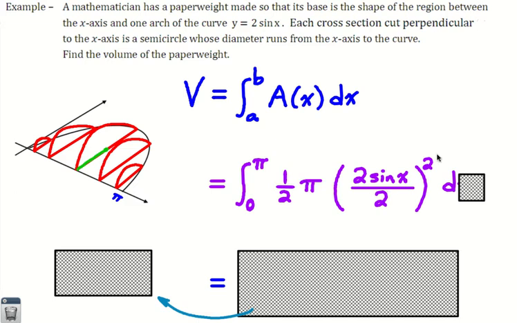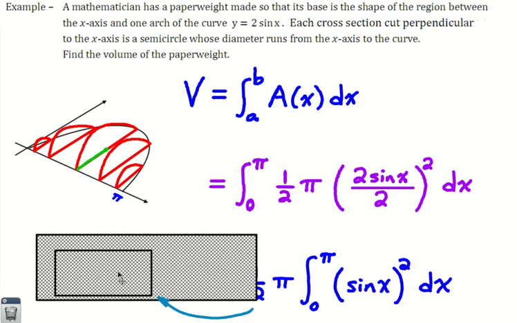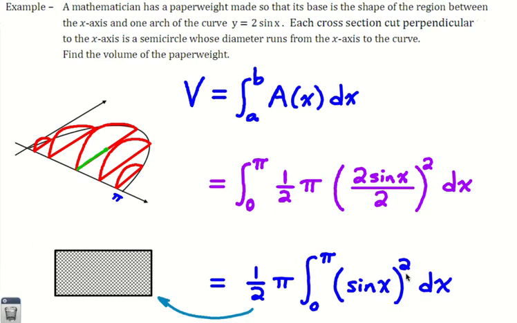So we have pi r squared, but because of the whole half circle thing, we have this half, and dx. And basically, that's pretty much most of your heavy lifting here. Because from here, you're just going to throw it into your calculator, but here's a little bit of cleanup first.